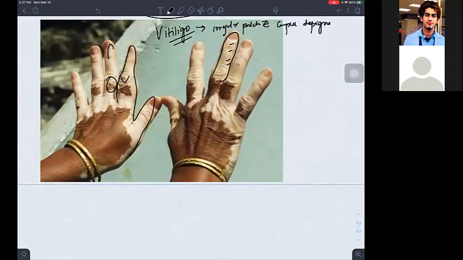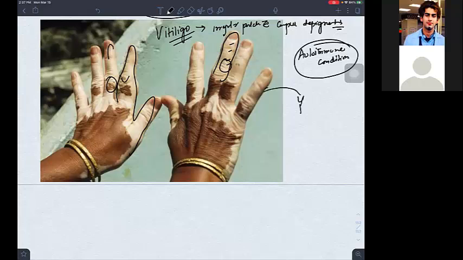Why did this happen? Because their melanocytes have been destroyed. Vitiligo is an autoimmune condition. What is happening in vitiligo is that autoantibodies are against your skin melanocytes, and these melanocytes are destroyed, due to which they can't produce melanin and can't give you a very nice eumelanin.